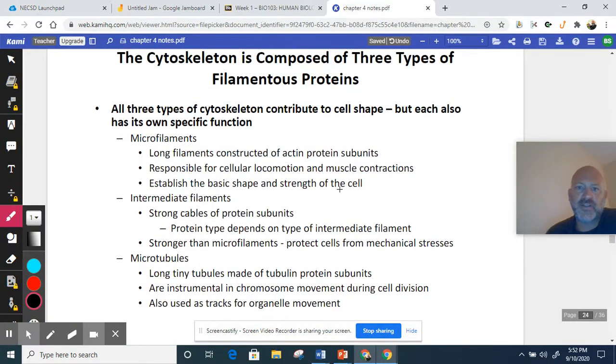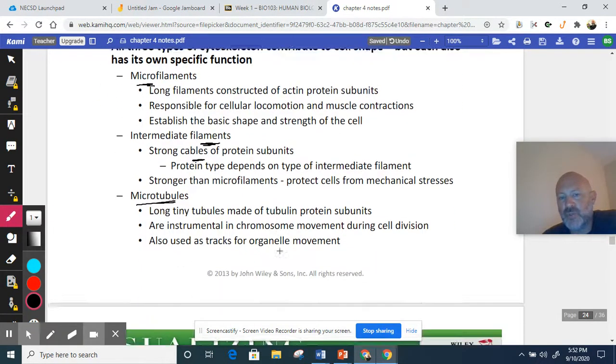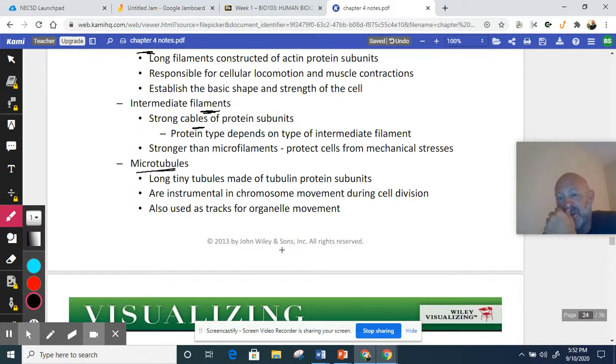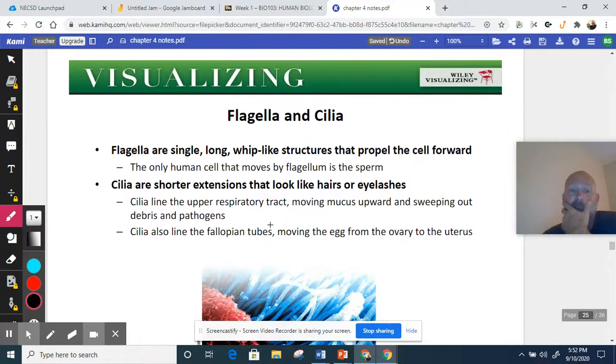The cytoskeleton is made up of a couple different things: microfilaments, intermediate filaments, which are similar to cables, like long, skinny filaments, and then microtubules. We see microtubules appearing during mitosis, reproduction.